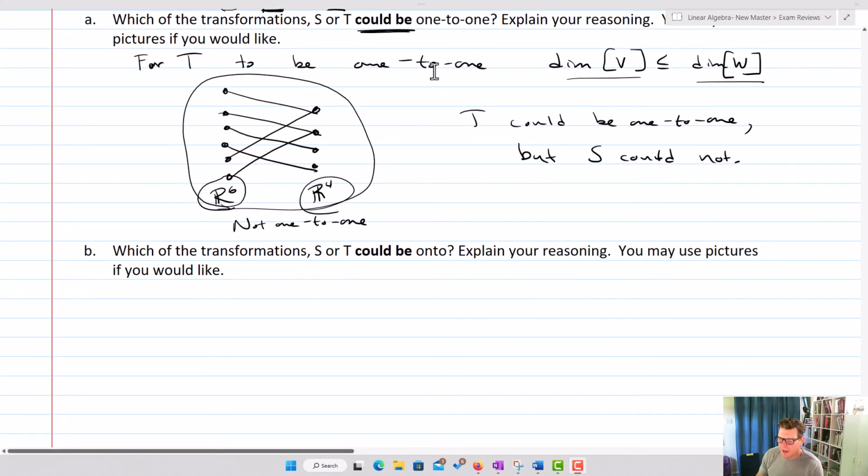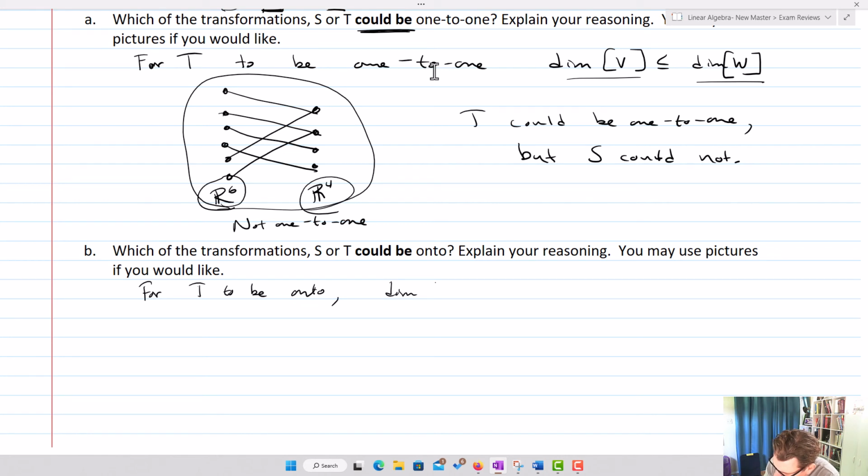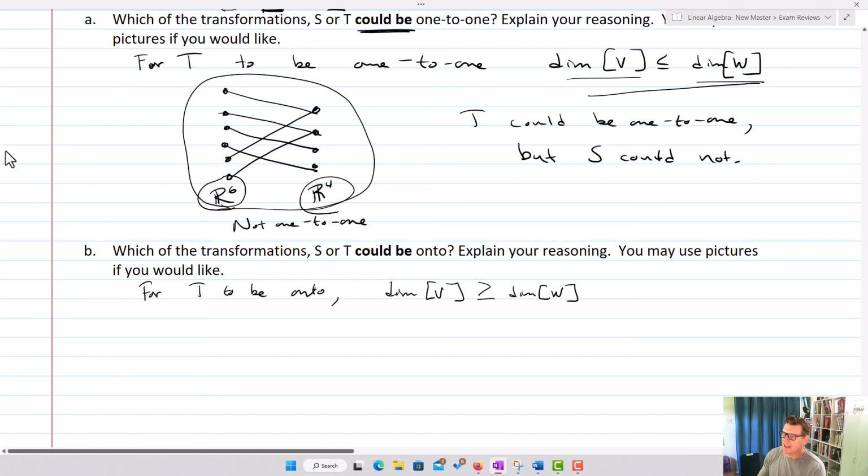So basically, for T to be onto, the dimension of V has to be greater than or equal to the dimension of W. You notice that relationship there. It's somewhat the opposite: we have the greater than rather than the less than.